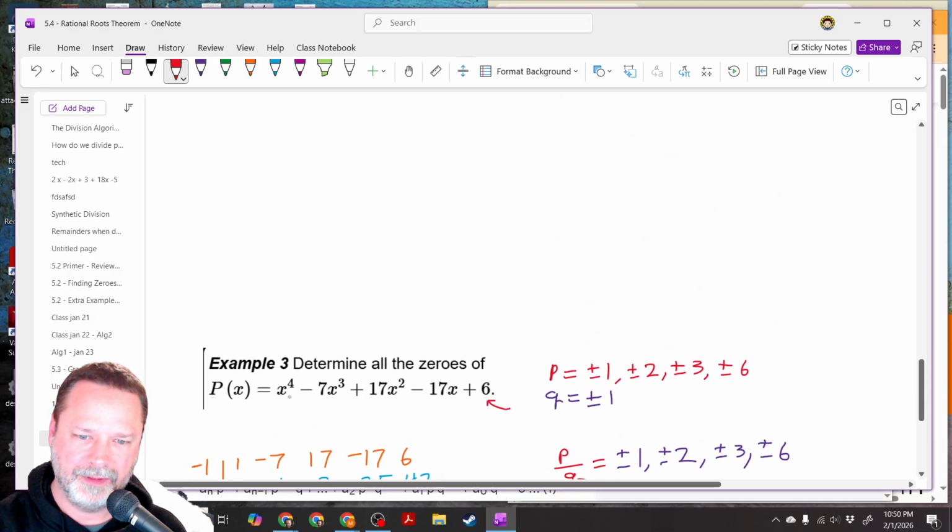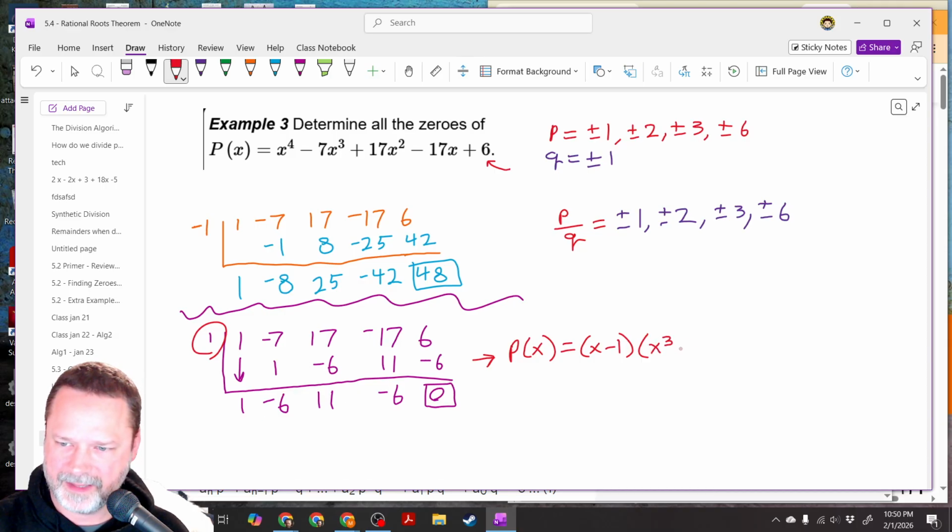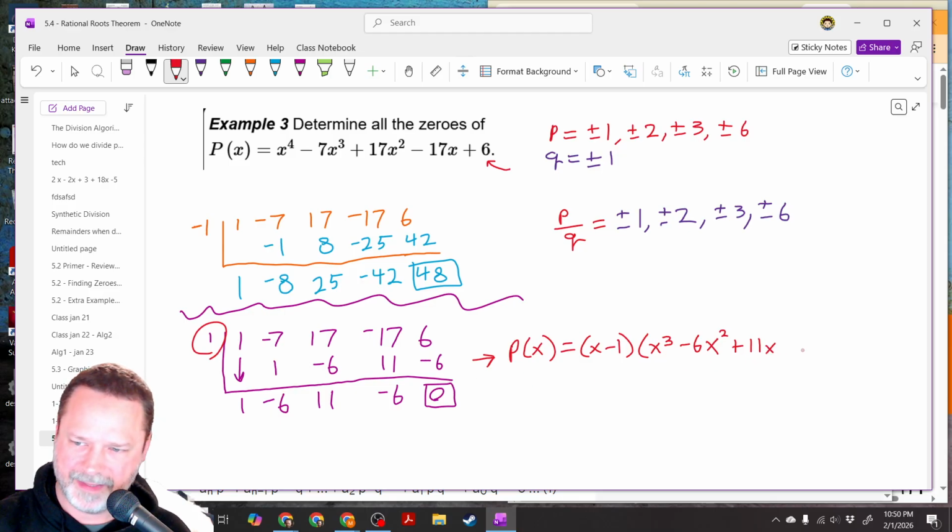We had x to the 4th. So now we're on x cubed. So 1x cubed minus 6x plus 11x. Oh, I'm sorry. It would be x cubed minus 6x squared plus 11x minus 6.